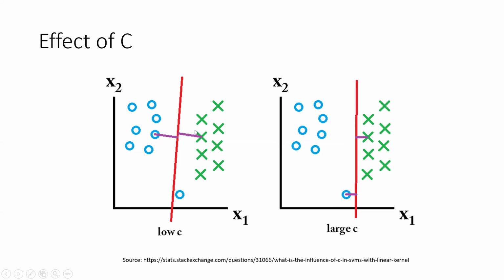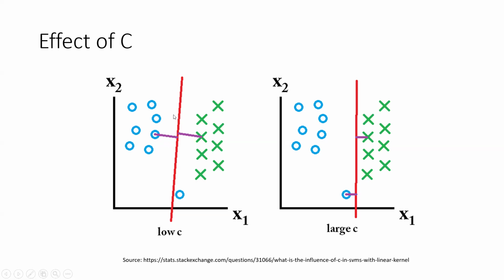Because of that, when it comes to unseen data in the test data set, we can assume that this kind of model would be very robust on real world data. But the problem with this kind of C value is that there can be errors. That means this would have a higher bias.